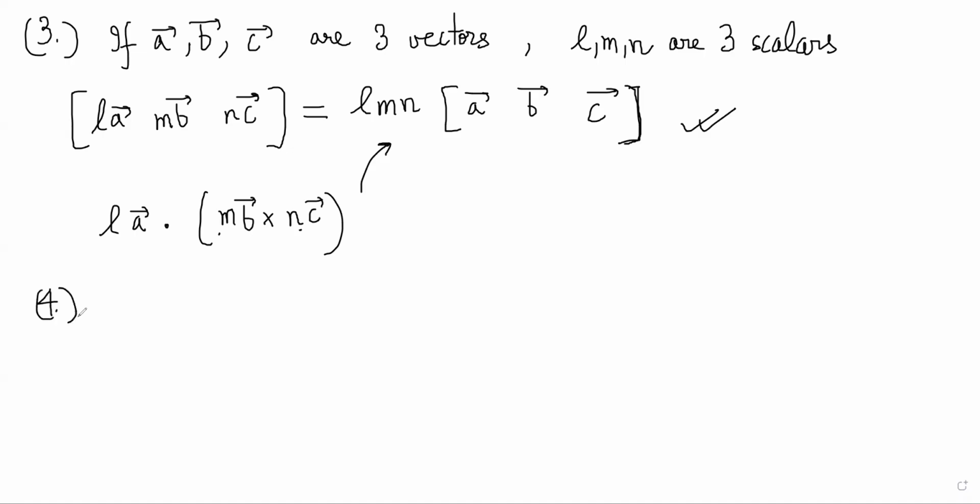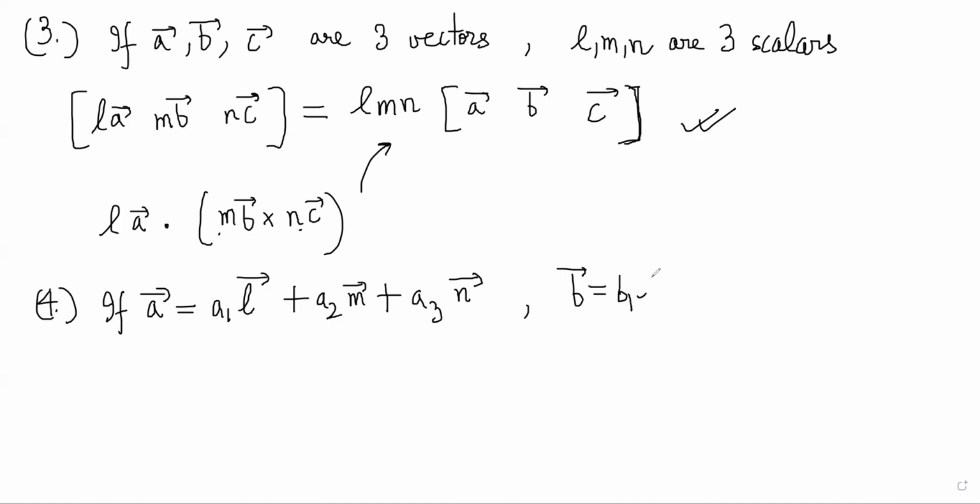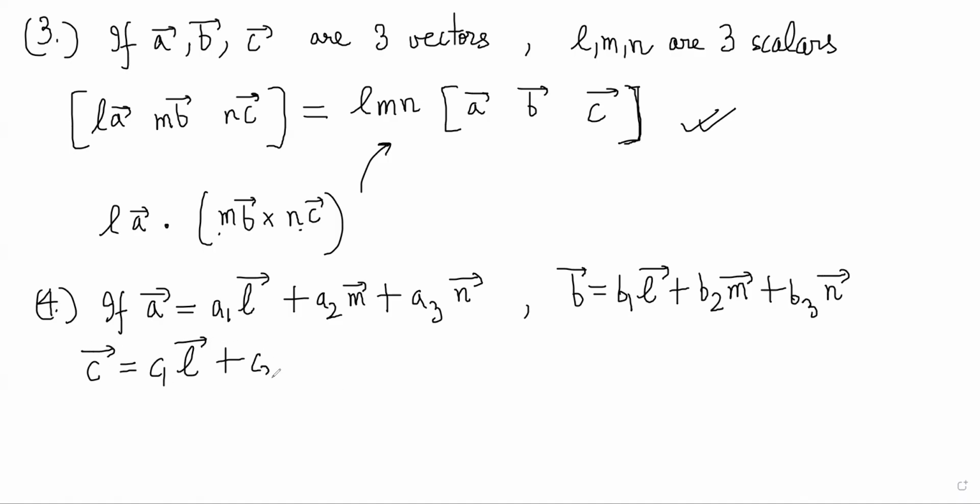However, sometimes you can write vectors in terms of other vectors or basis vectors. So if vector A can be written as A1 L plus A2 M plus A3 N, and vector B can be written as B1 L plus B2 M plus B3 N, and vector C can be written as C1 L plus C2 M plus C3 N. So what are we writing here?